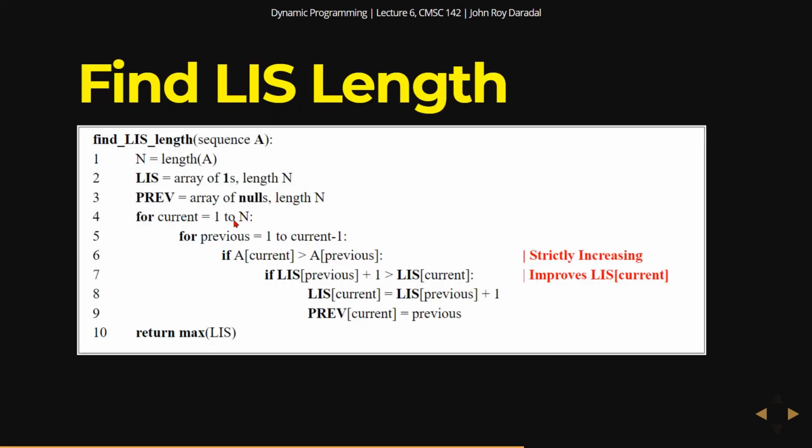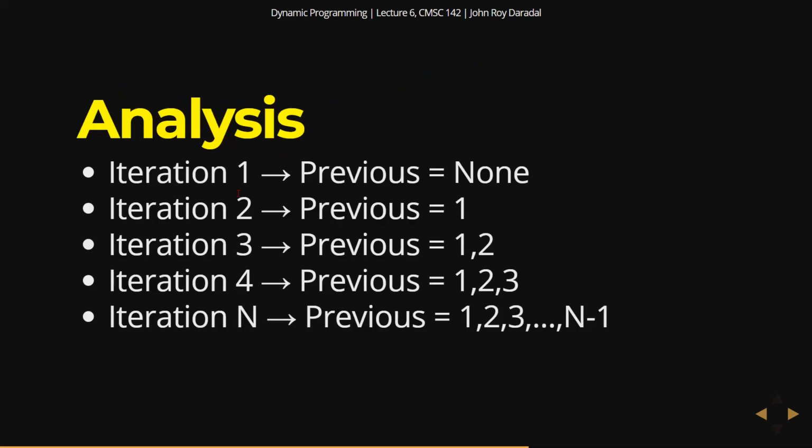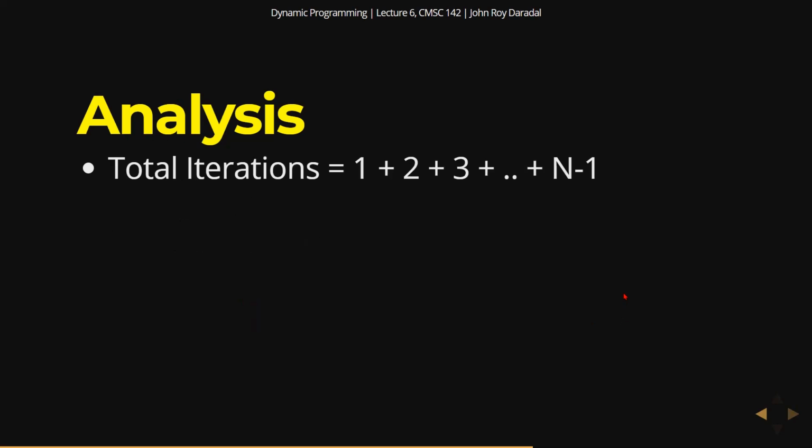Basically, for the analysis, iteration 1 doesn't have a previous. For iteration 2, you have one previous. For iteration 3, the previous would be 1, 2. For 4, that would be 1, 2, 3. And for iteration n, that would be 1 up to n minus 1. So the total iterations would be 1 plus 2 plus 3 up to n minus 1.